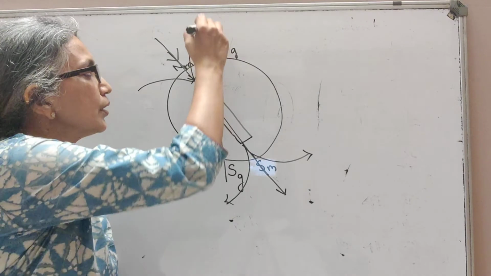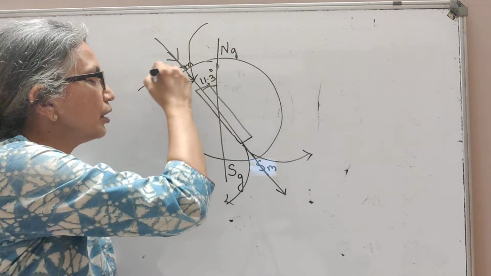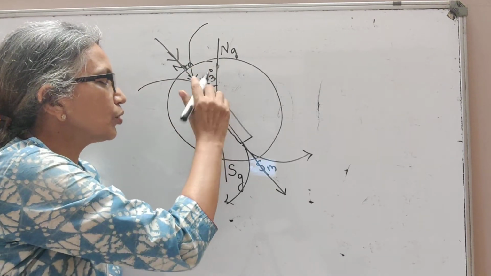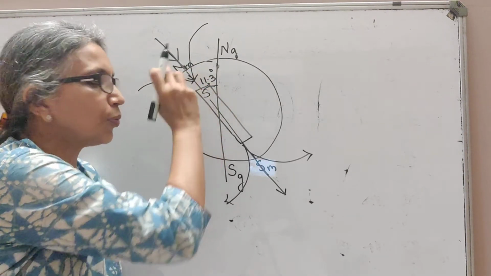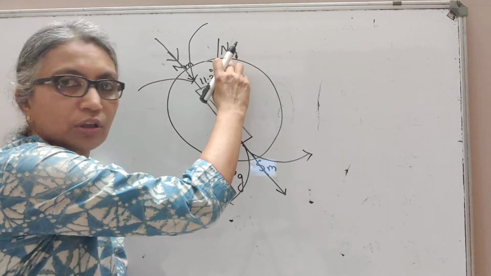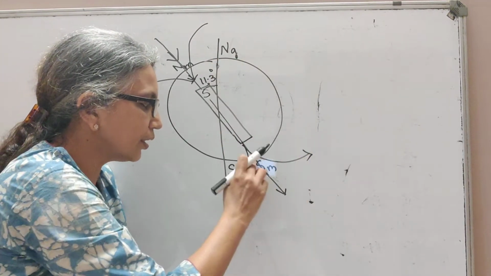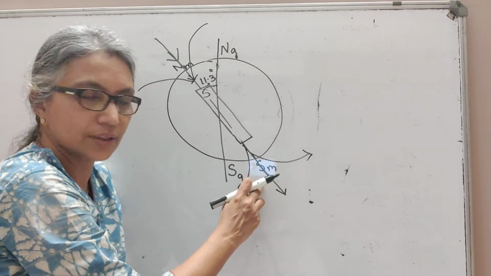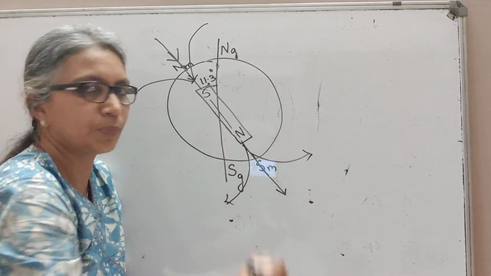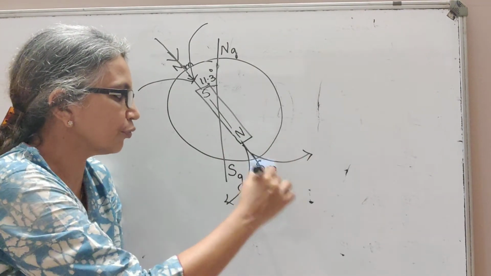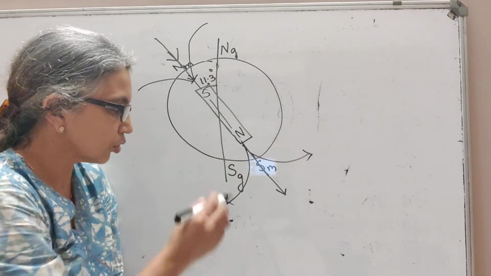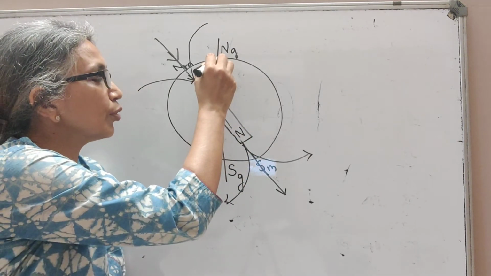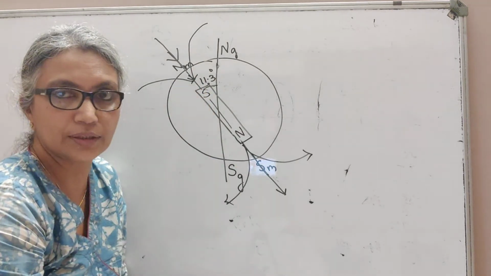So here, since the magnetic field lines are entering through the north pole, we should come to the conclusion that this is actually the south pole of the Earth, close to the geographic north. And since the field lines are leaving at this end, the pole that we call the south pole should actually be the north pole, right? Because that's how the magnetic field lines of the Earth are behaving. So close to the geographic south, we should have the north magnetic pole, and close to the geographic north, we should have the south magnetic pole.